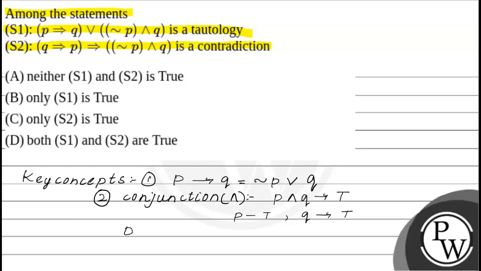And similarly, हम disjunction को यही property apply करेंगे. So P or Q truth value will be false if and only if P value is false and Q value is false. Remaining सारे cases में the truth value will be true. So हम ये दोनों key concepts को use करके अभी ये दोनों statements को solve करेंगे.